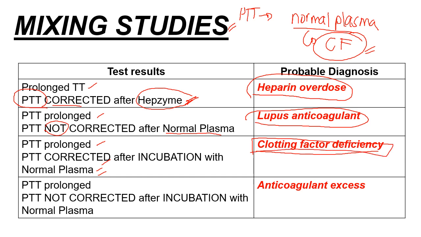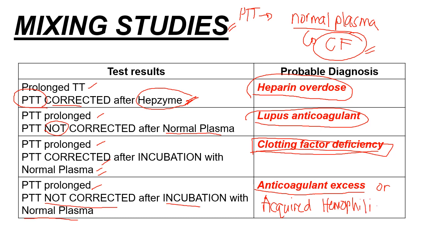Next naman, PTT is prolonged. PTT is not corrected after incubation of your normal plasma. Ibig sabihin, meron kang either anticoagulant excess or ano yung na-discuss natin kanina, baka mayroong acquired hemophilia. Ano nga ulit ang acquired hemophilia? Autoantibodies against your clotting factor 8.